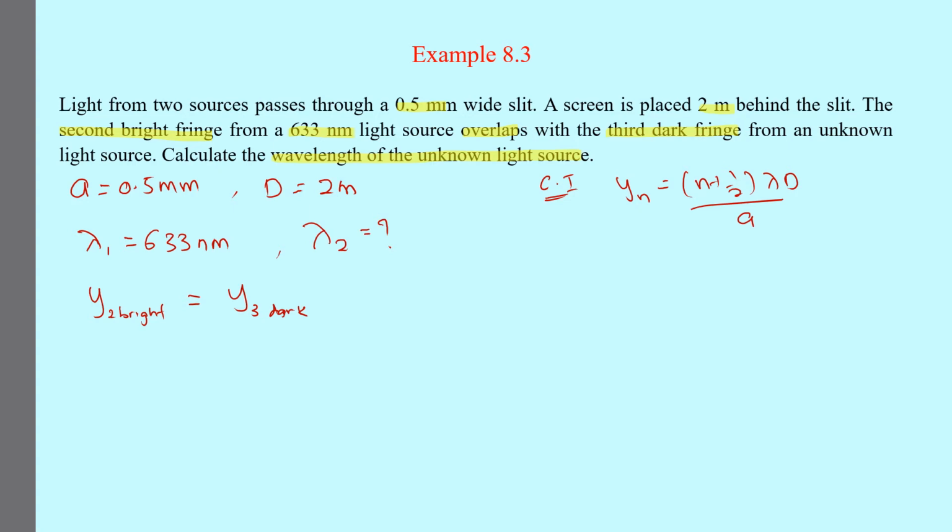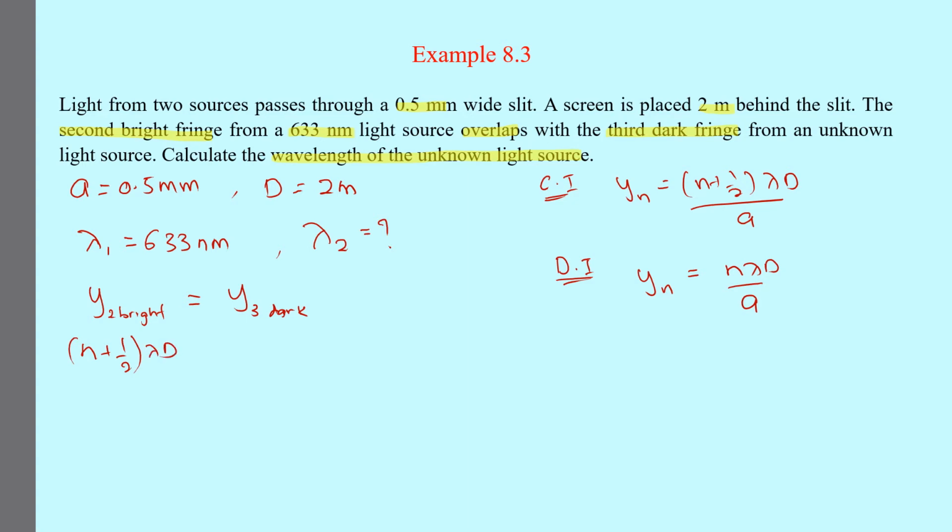And the formula to calculate destructive interference for single slit is Yn is equal to n lambda D over a.